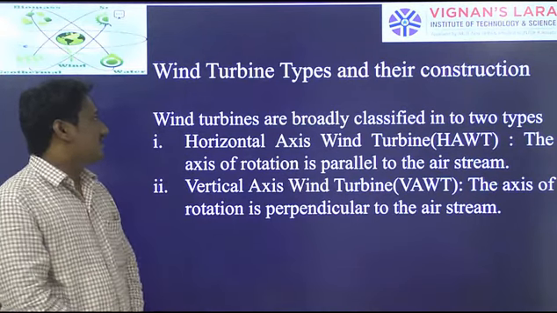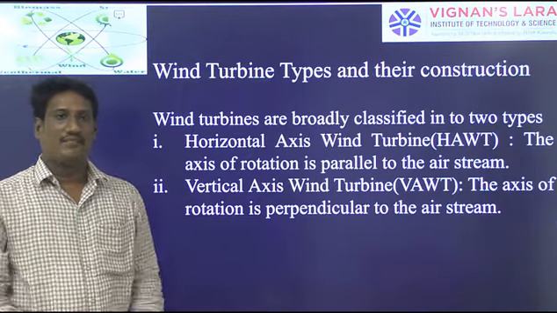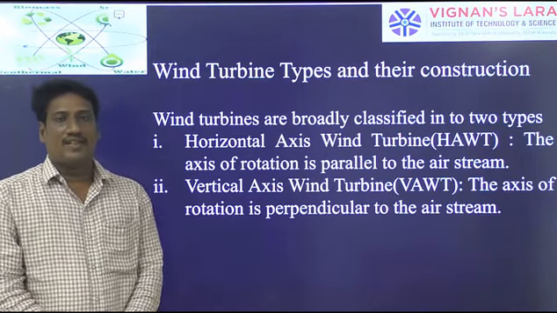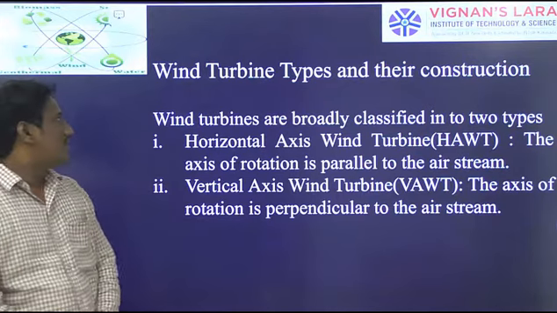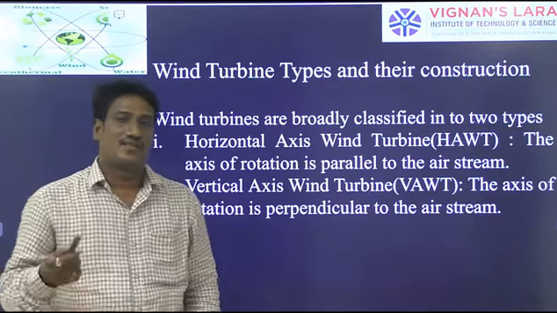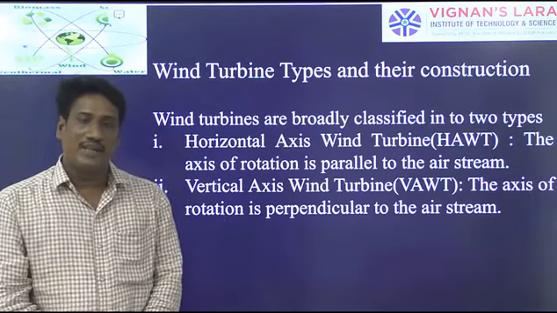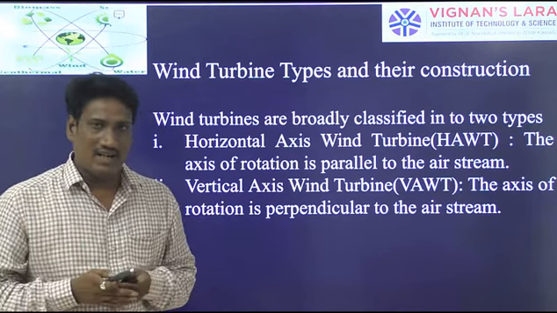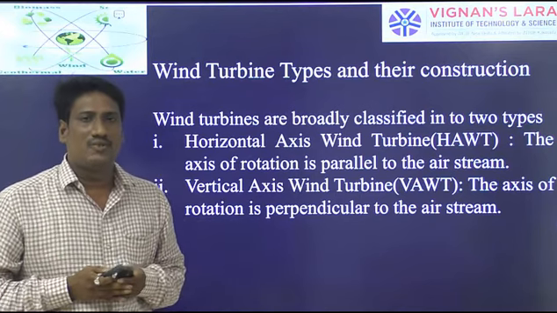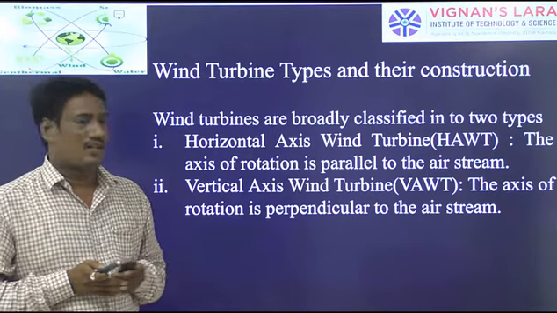Now we are going to discuss the different parts of a horizontal axis wind turbine. Before that, I would like to give you a brief recap of what we discussed in the last class. We started with the different types of wind turbines: horizontal axis wind turbine and vertical axis wind turbine. Horizontal axis wind turbines are those in which the wind flow is parallel to the rotor rotation.